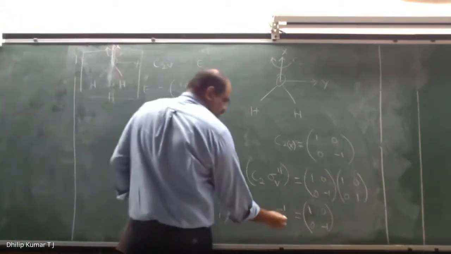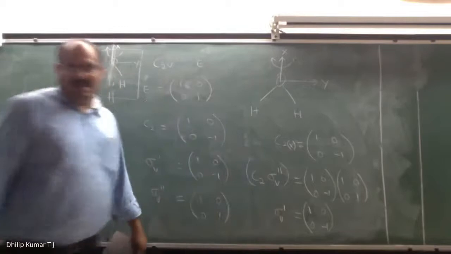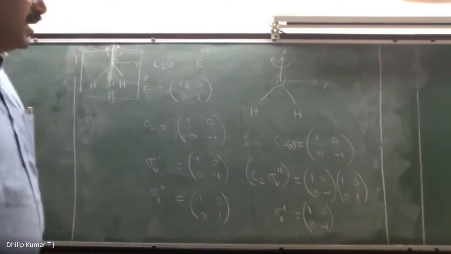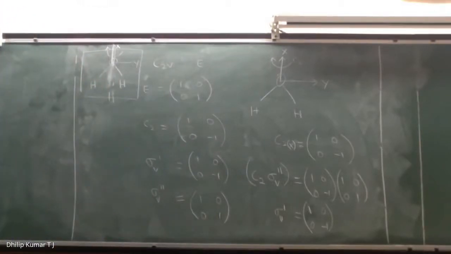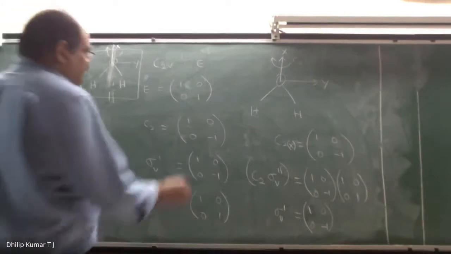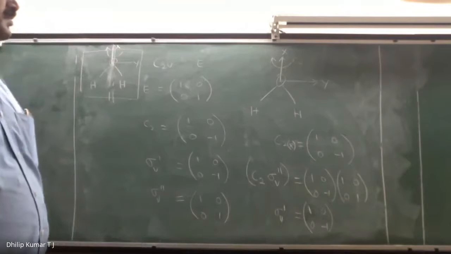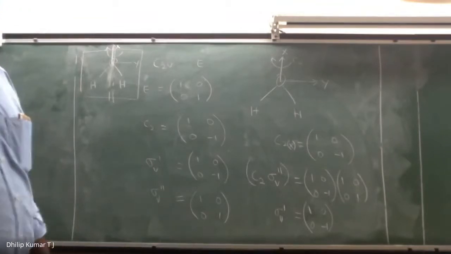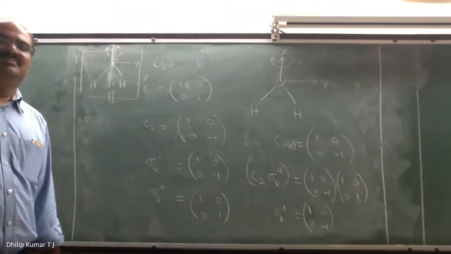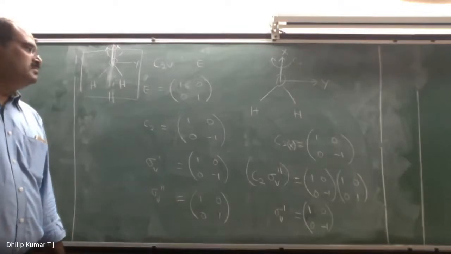So we can verify it. Whatever you have done in the group multiplication table, with these 4 matrices you can verify it. It should be matching. You agree?